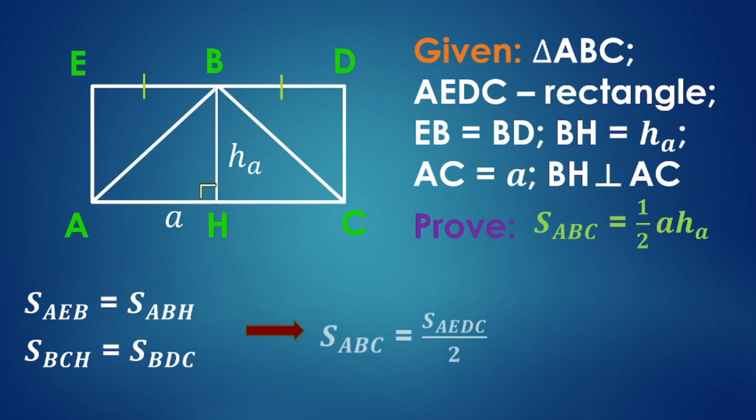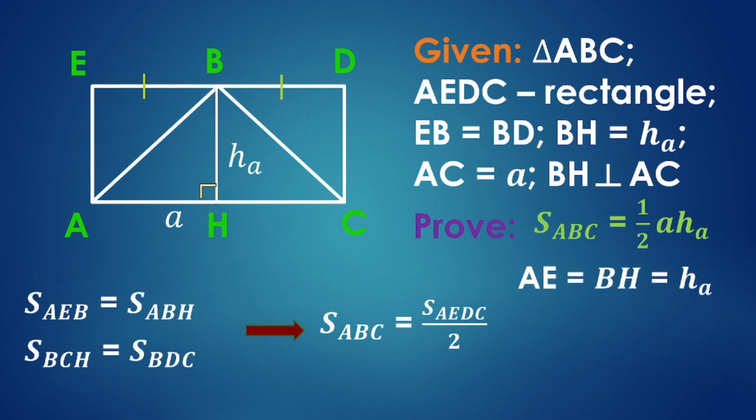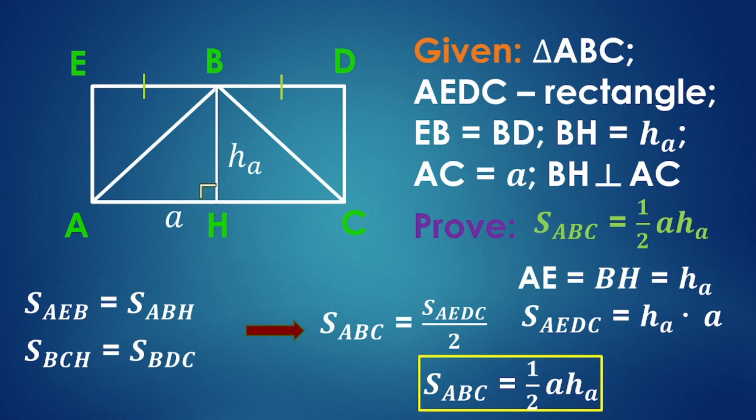Hence, the area of the triangle ABC is equal to half the area of the rectangle AEDC. If AE equals BH equals H, the area of the rectangle AEDC equals H times A. That's why the area of the triangle ABC equals 1/2 times A times H.